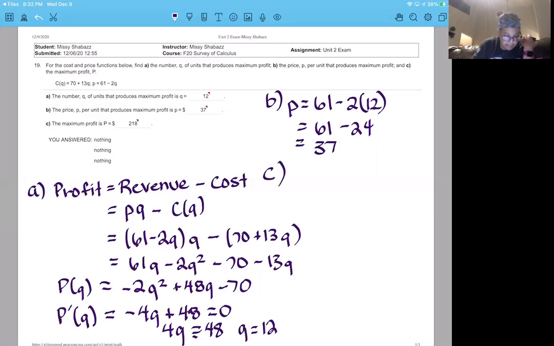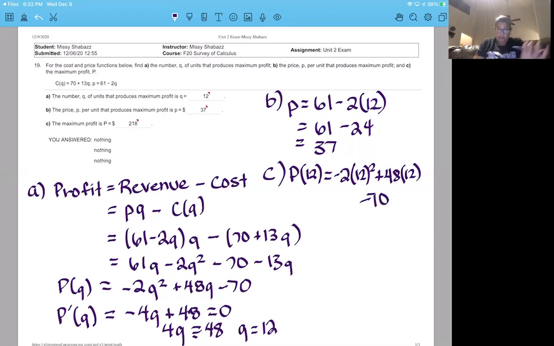And part C, the maximum profit. So now I'm going to plug that into my profit function. So I get a negative 2 times 12 squared plus 48 times 12 minus 70.